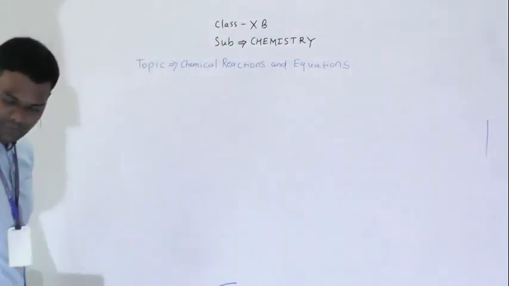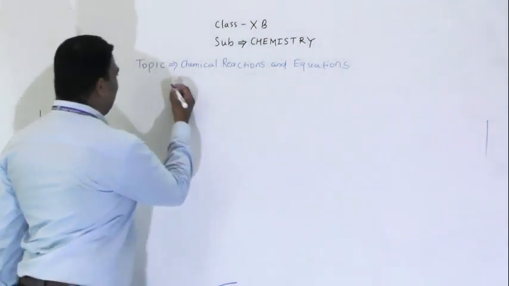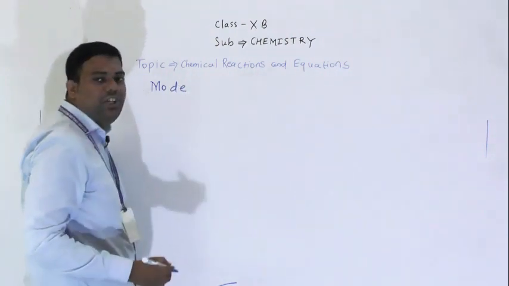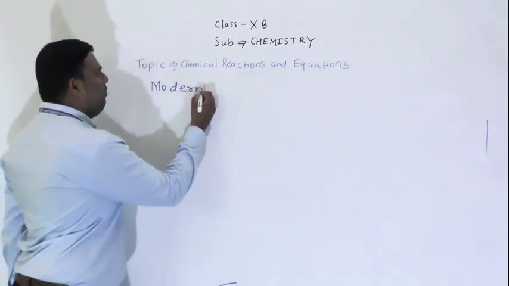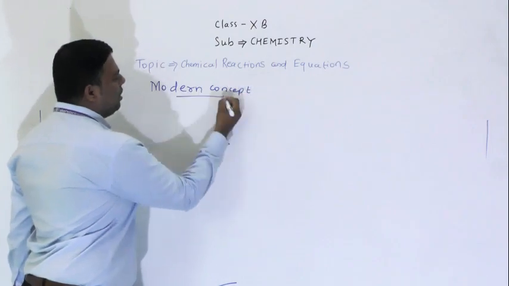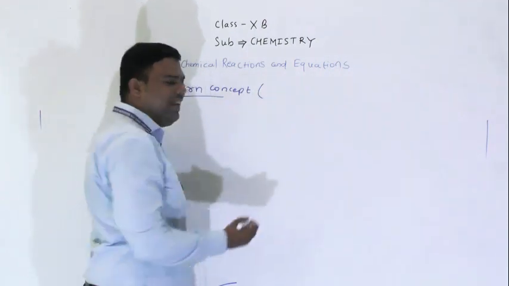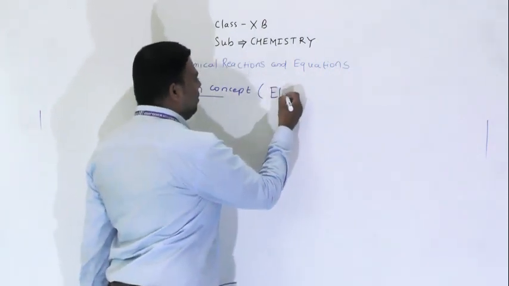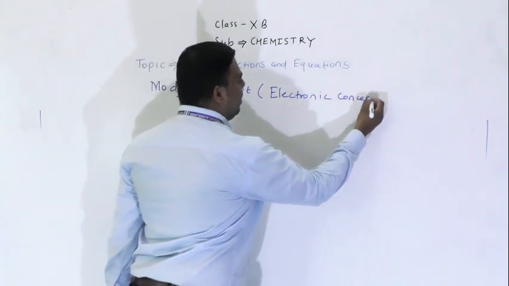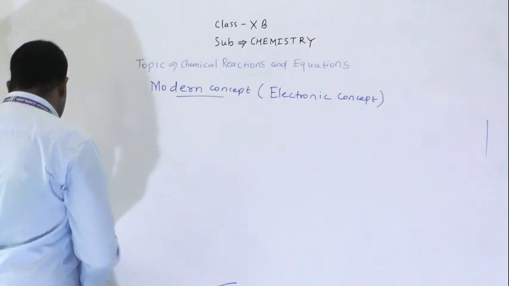According to the modern concept, we will first discuss what the modern concept of oxidation and reduction is. This modern concept is also called the electronic concept.